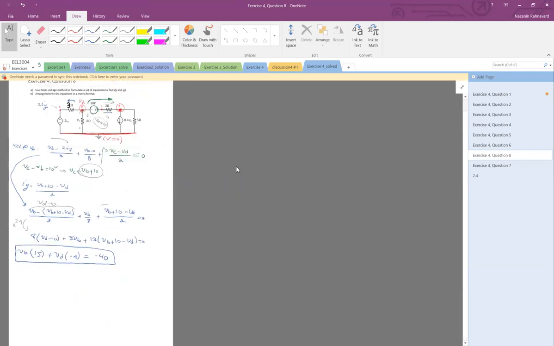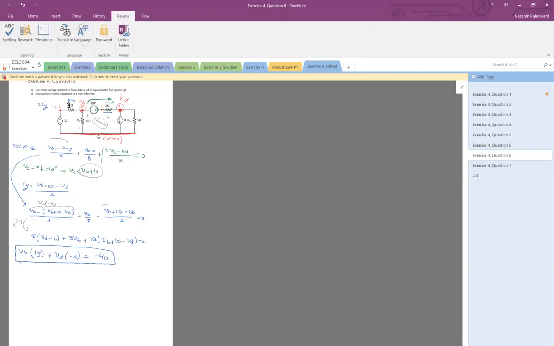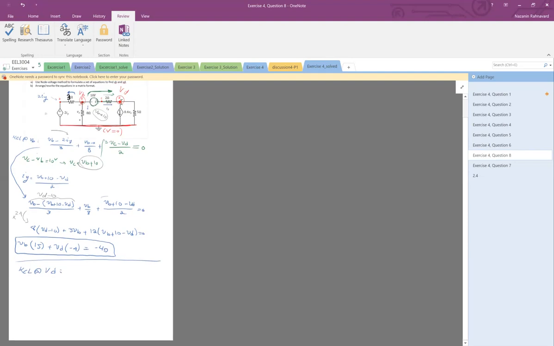Now let's do the KCL at node D, VD. We have VD minus VC, which we already know is VB plus 10, so VD minus VB plus 10 divided by 2, plus the current going down, which is 0.4 VX, plus VD minus 0 divided by 5, equals 0.